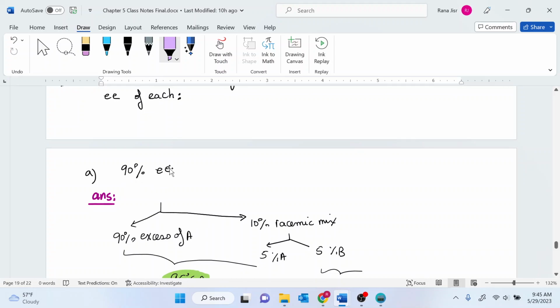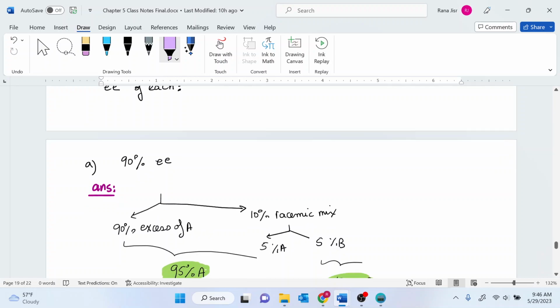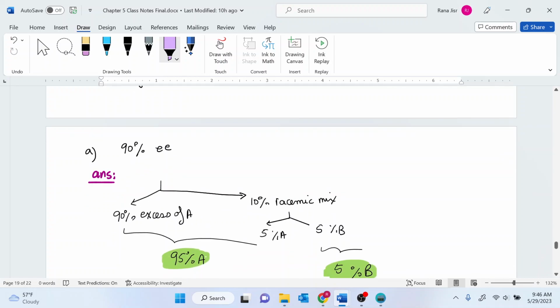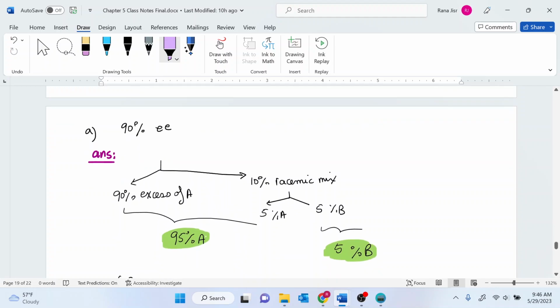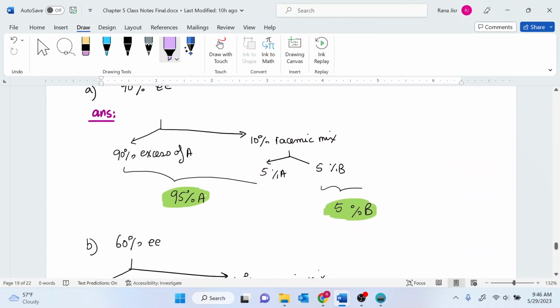So I have 90% excess of A. The remaining out of 100 is 10% racemic. Now I know that racemic is 5% A and 5% B. So now I can easily calculate the percentage of A and the percentage of B. A here is 90 plus 5%, and B is going to be 5%. And I know now the percentage of the components that make the mixture.